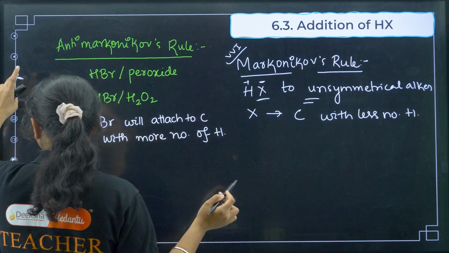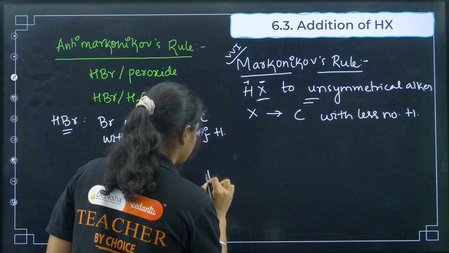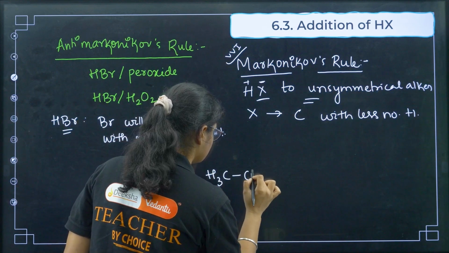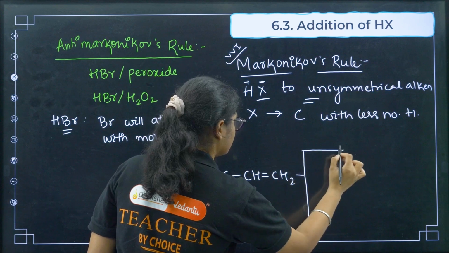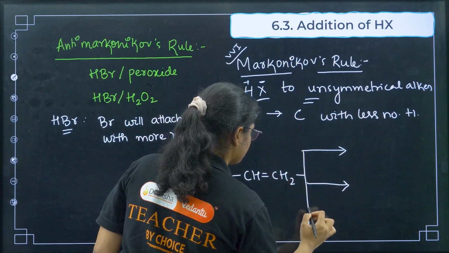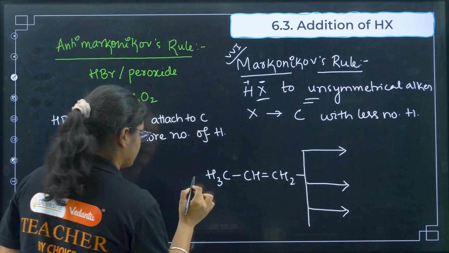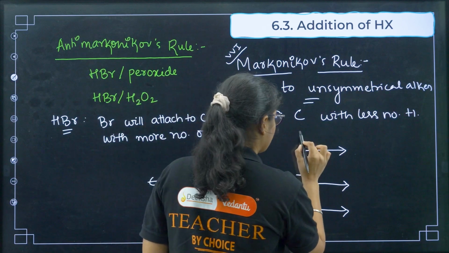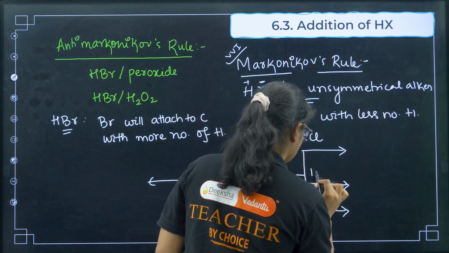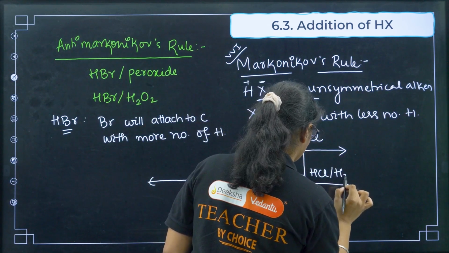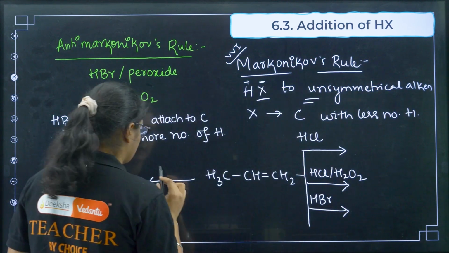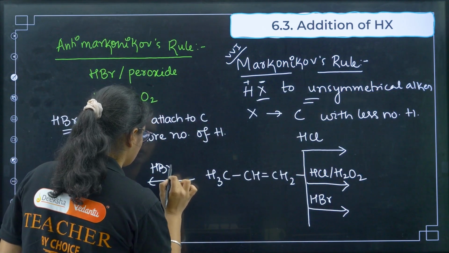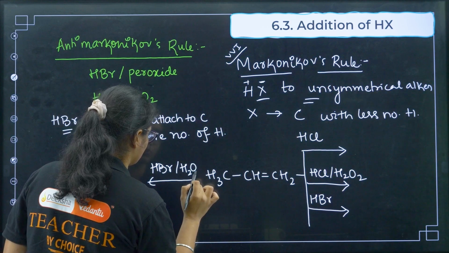So I have propene here, and these are the following reagents. Here I add HCl, here HCl and H2O2, here HBr, and here HBr in presence of H2O2.